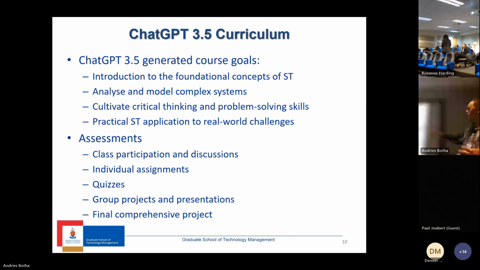What I've also done is I went to ChatGPT and asked what is a good curriculum for a systems thinking course. Especially, I think I did specify at a master's level. The objectives that they identified are the foundational concepts, being able to analyze and model complex systems, cultivate critical thinking and problem solving skills, and do practical systems thinking application to real world challenges.